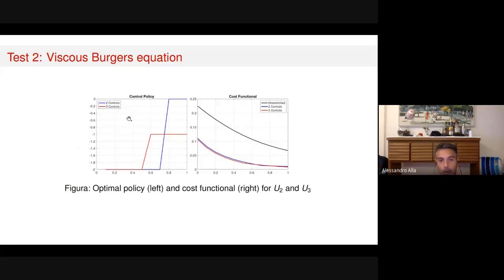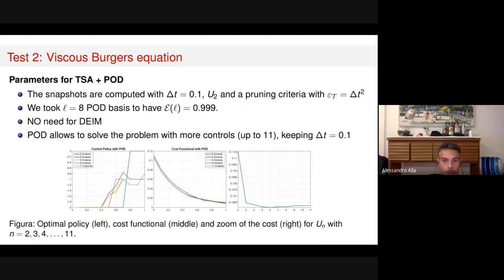This is how the controls look like. Of course, here you see the big difference between the uncontrolled problem and the controlled problem, which is always interesting to have. Then if we apply model reduction, in this case, we have used 8 basis functions, so dimension 8. As expected, we get something which is very close to the unreduced problem.